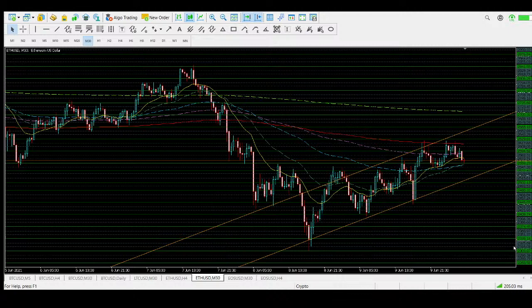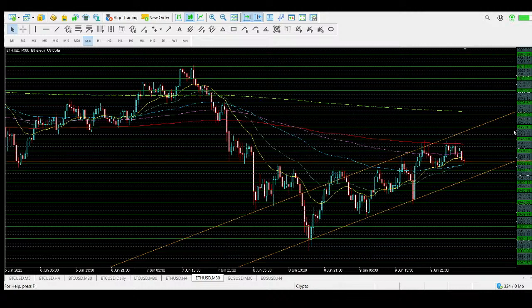2303, 2304, 2340, 2374, 2410, 2445, 2480, 2502, 2537 or 2538, 2560, 2595 and 2630, which is the current resistance at 2630.